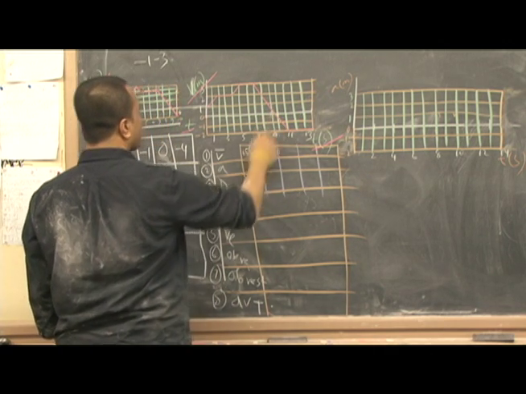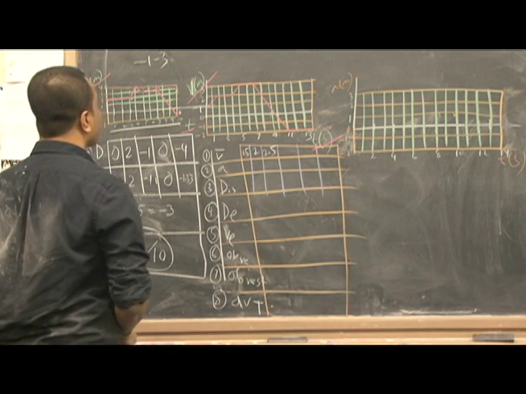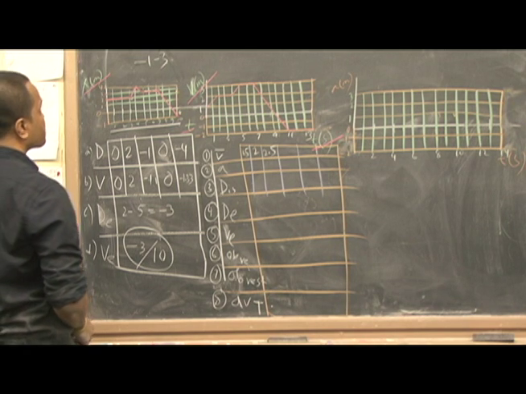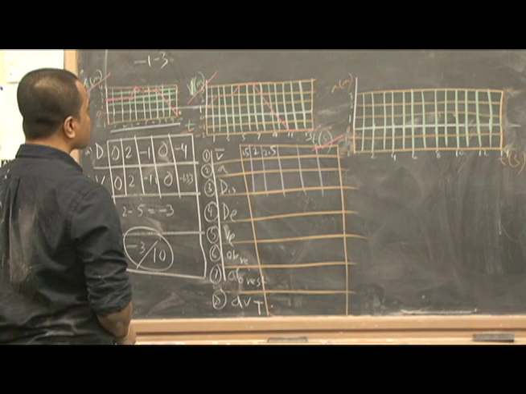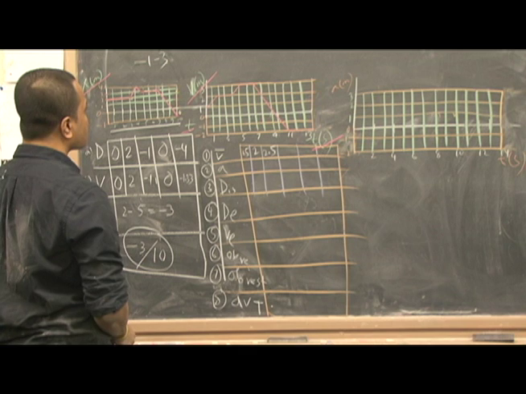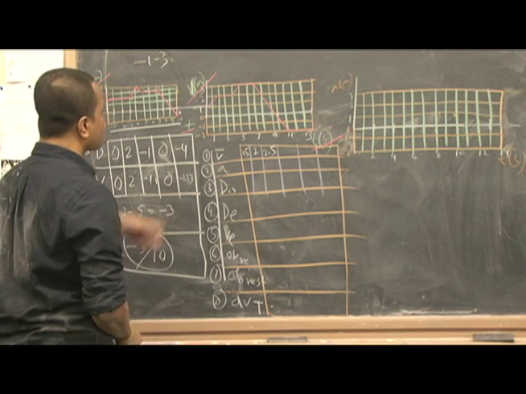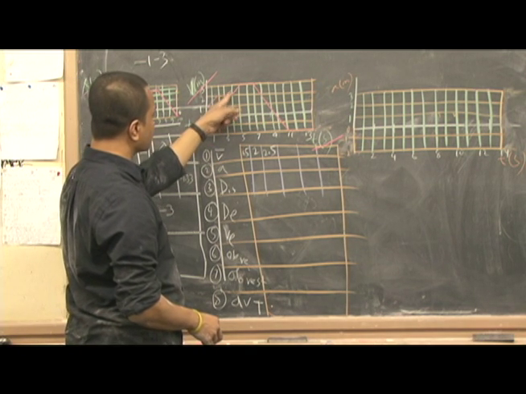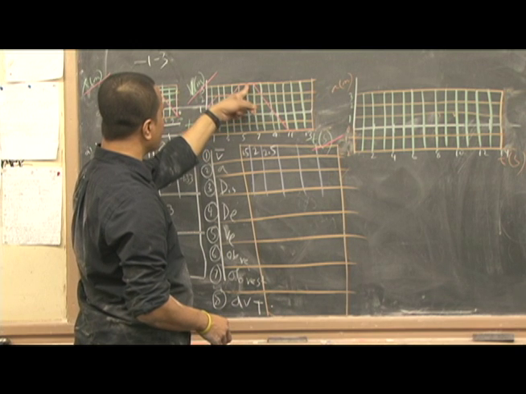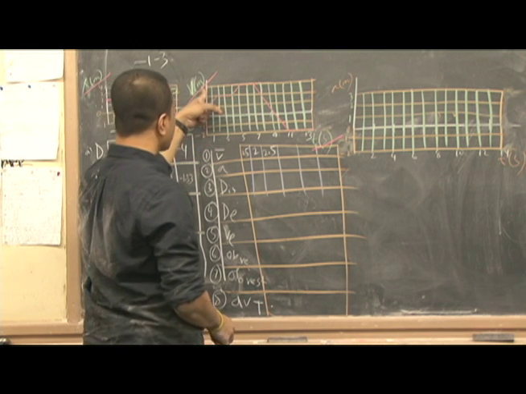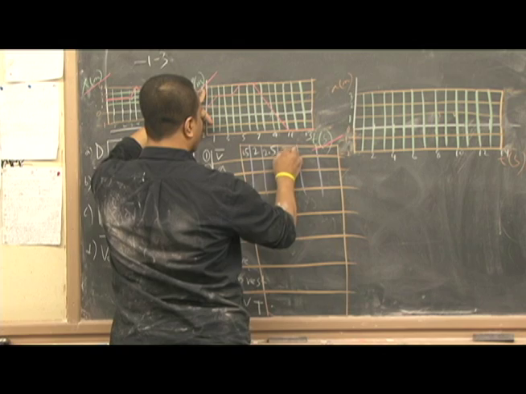And then this one is, okay, this one is 3 plus 3 is 6 divided by 2 is 3.